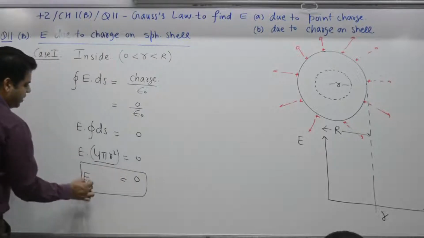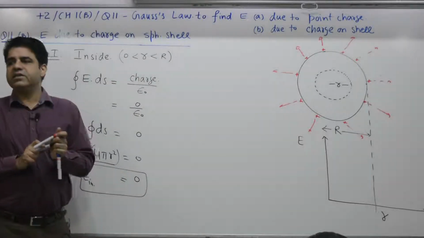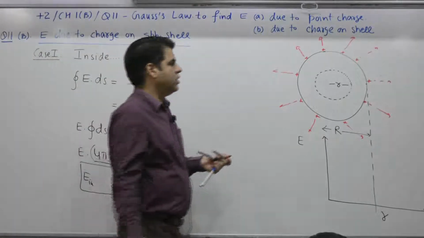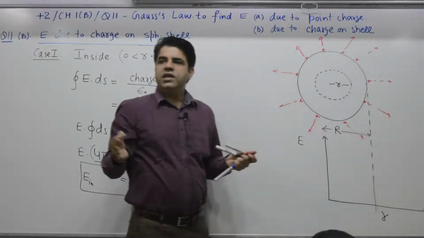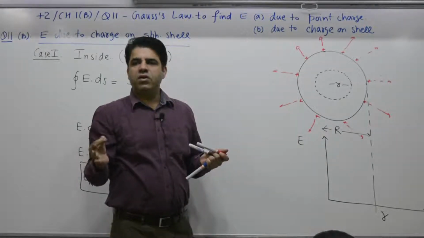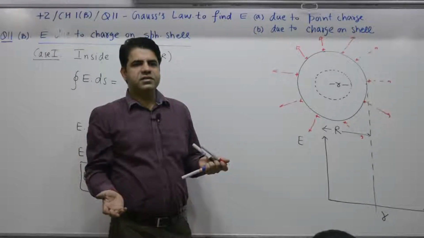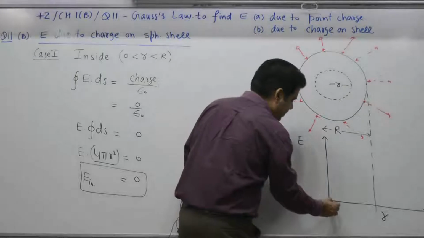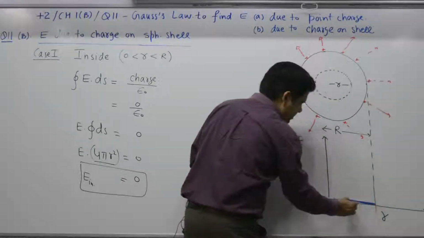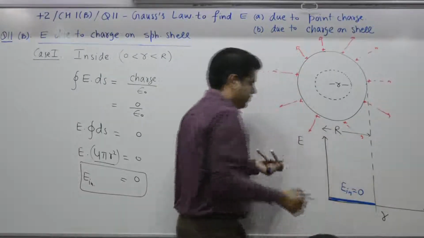So, what is the value of electric field inside? 0. Simple computation. Is there any line inside? No. E represents the number of lines per unit area. There is no line inside, so E is 0. That is why E inside is 0, and the graph for this is E inside is 0.